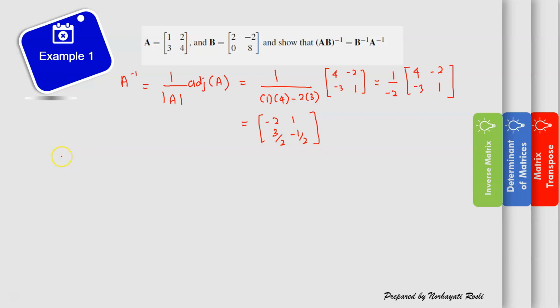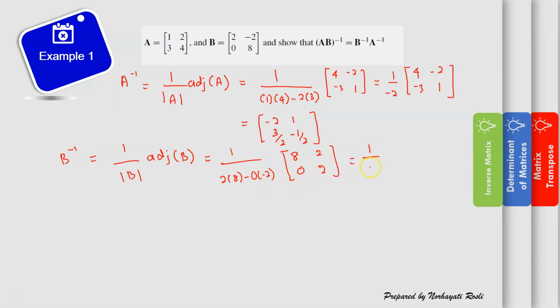Next, we find the inverse of the B matrix. In this case, it is 1 over the determinant of matrix B times the adjoint of the B matrix, which is 1 over 2 times 8 minus 0 times negative 2, times the adjoint of B, given by 8, 2, 0, 2. So we have 1 over 2 times 8, which is 16, minus 0, so 1 over 16 times 8, 2, 0, 2.